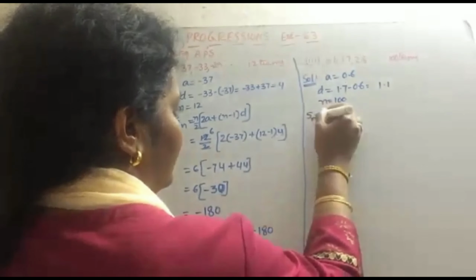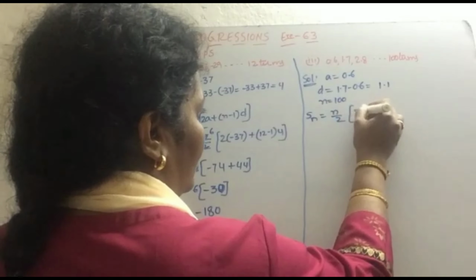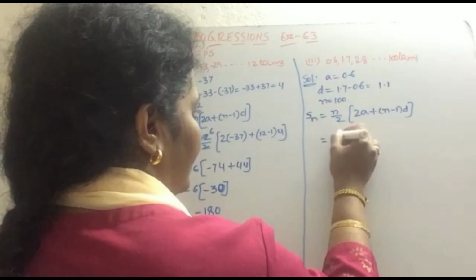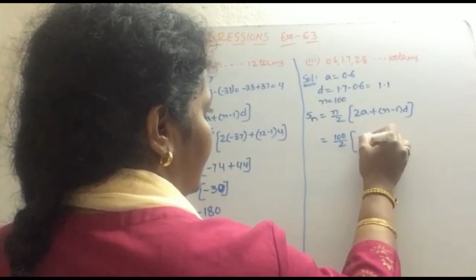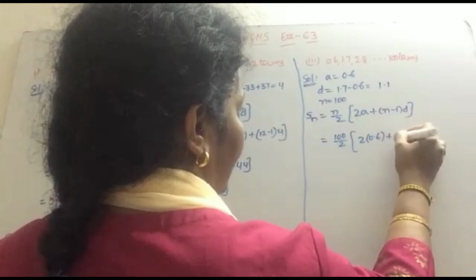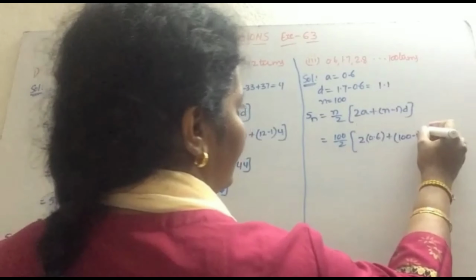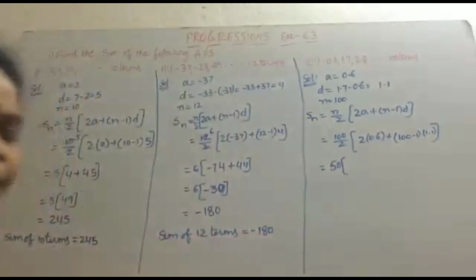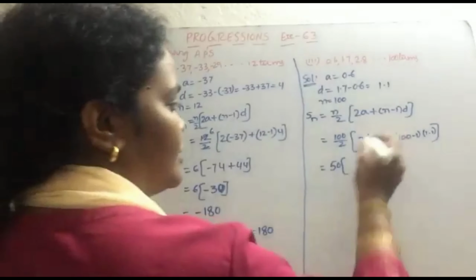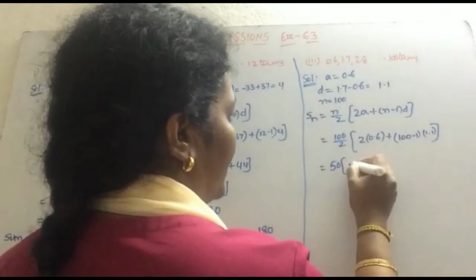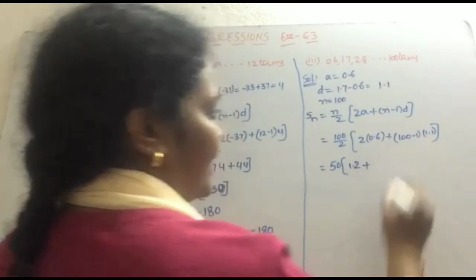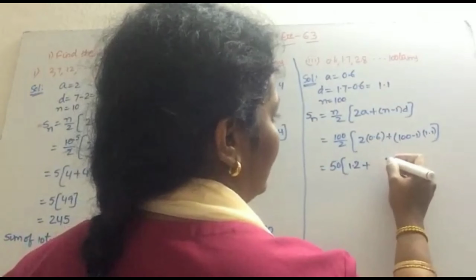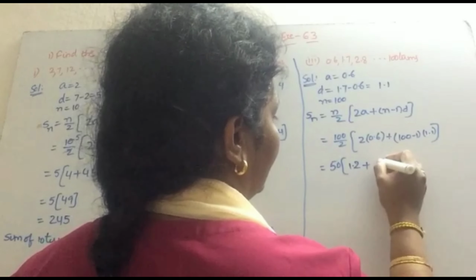So Sn equal to n by 2 into 2a plus n minus 1 into d. n is 100 and a is 0.6, plus n minus 1 is 99, into d is 1.1.